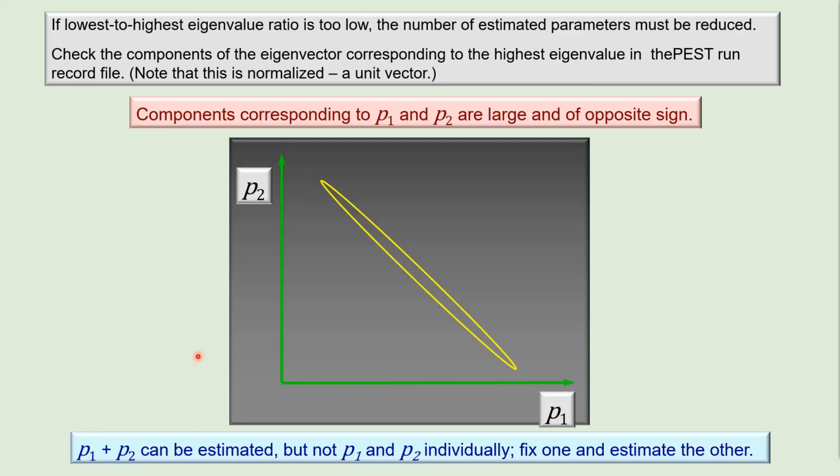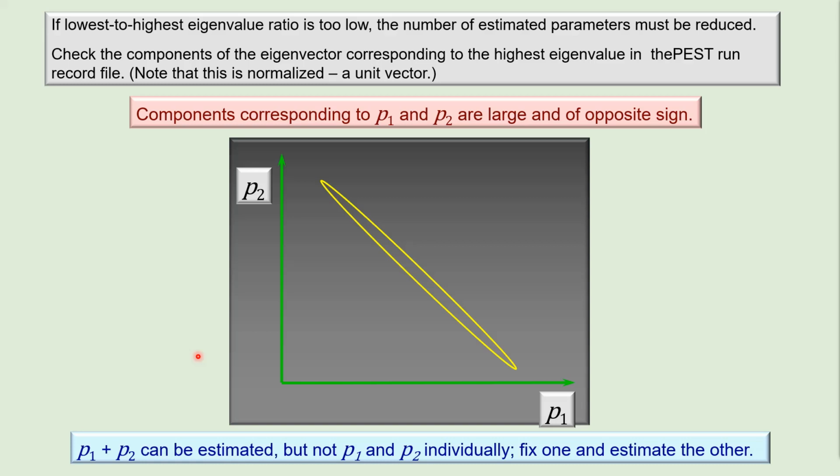But where it does become convenient is that the composition of the eigenvector which corresponds to the lowest eigenvalue can tell us what is wrong with the inverse problem as currently posed, and therefore what is wrong with the manual regularization that forms the basis for the inverse problem that we are currently trying to solve.